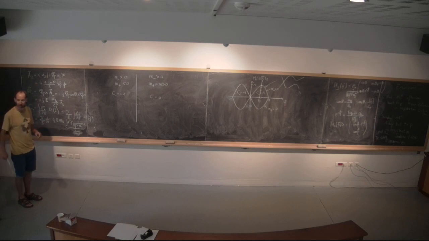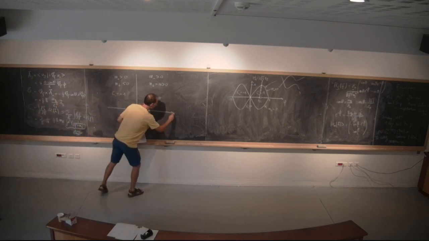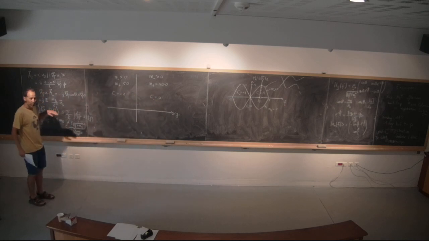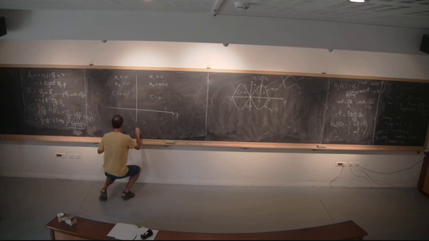They showed quite generically that if you take a Dirac equation in which the mass of the Dirac fermion depends on position, so now I imagine that this is position, and the mass has a domain wall, because here it's going from negative to positive, so it should look something like this.